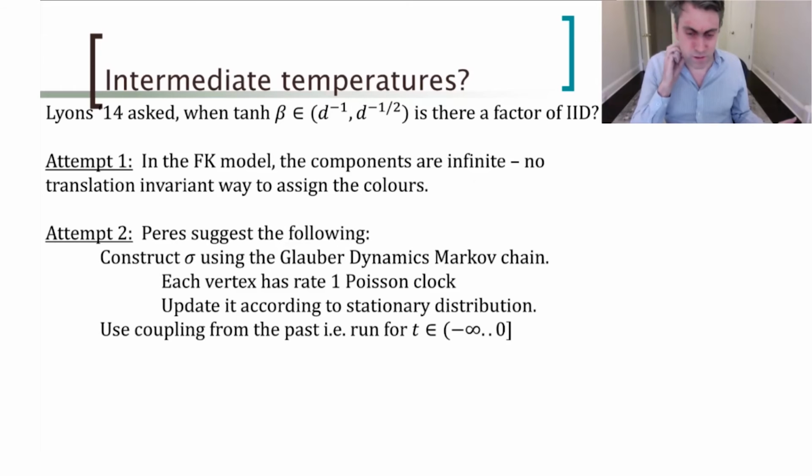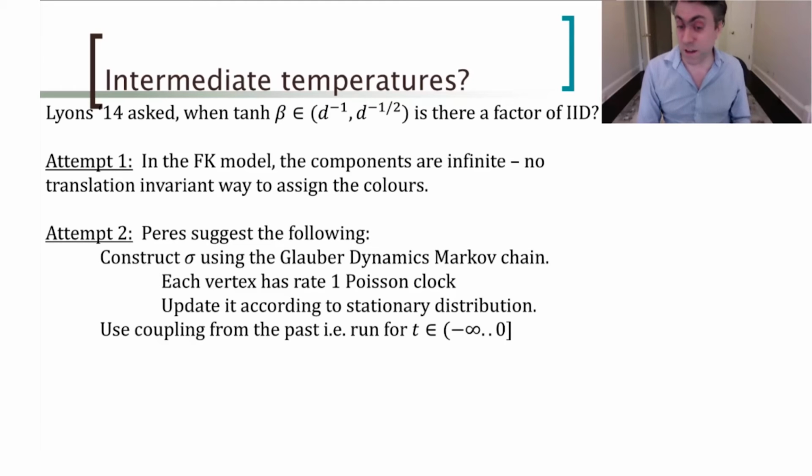You could use the coupling from the past approach of Propp and Wilson, where you say, okay, we'll start this at time minus infinity, run updates up to time 0, and hopefully the initial condition at time minus infinity didn't matter. And you'll get an exact sample from the distribution.